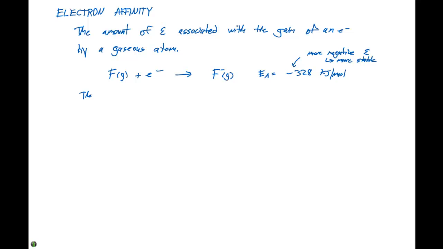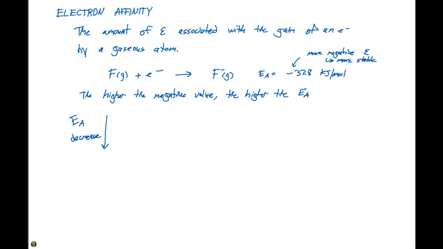So the higher the negative value, the higher the electron affinity.